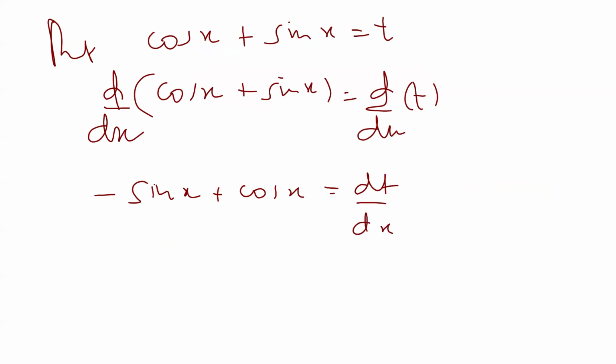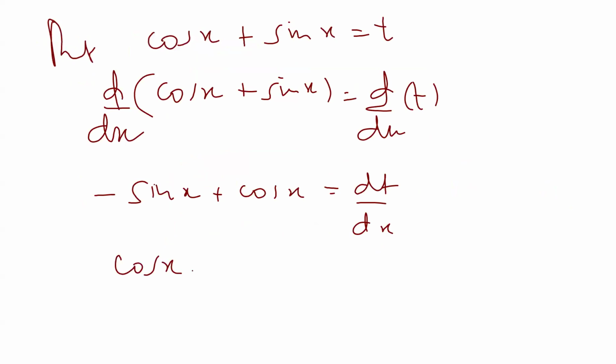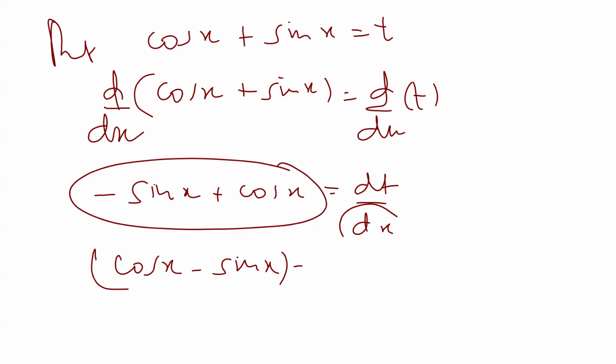Now look at equation number 1, cos x minus sin x dx. So this group I am going to make. So cos x minus sin x into dx is equal to dt.